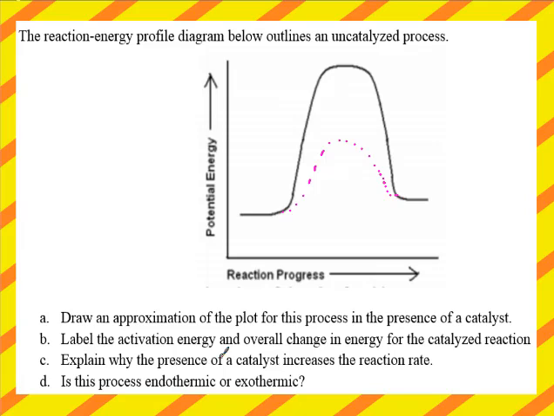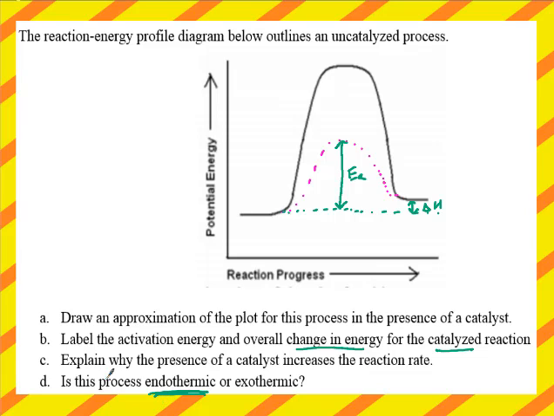So it says label the activation energy for the catalyzed reaction. So from where you start to the top of the hill is activation energy. And then from where I start to where I end is delta H, or the overall change in energy. Notice it didn't have a large change, but it is endothermic because it gained energy.